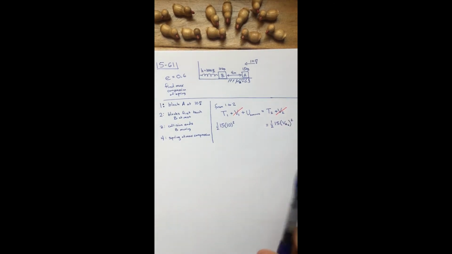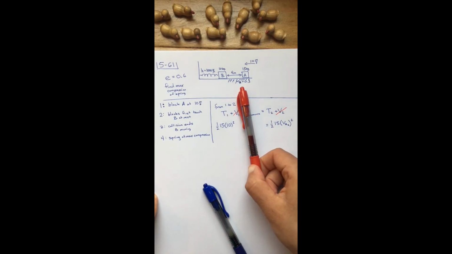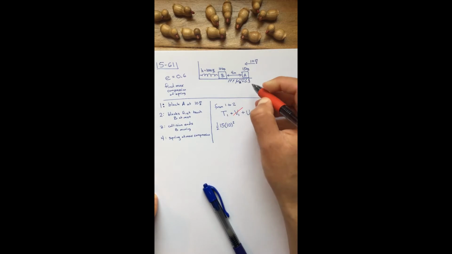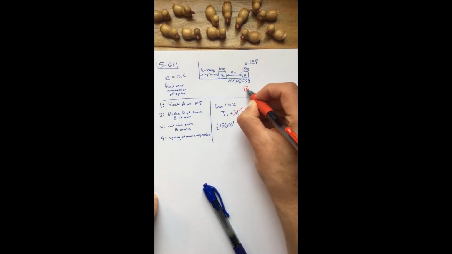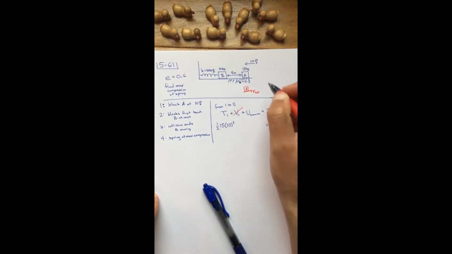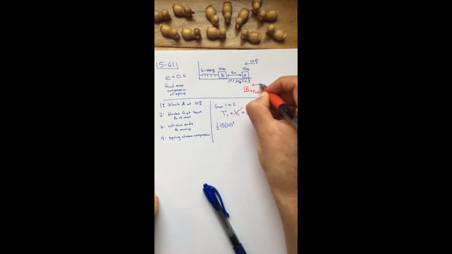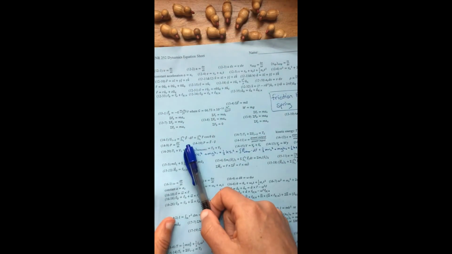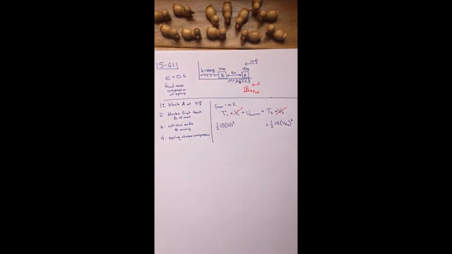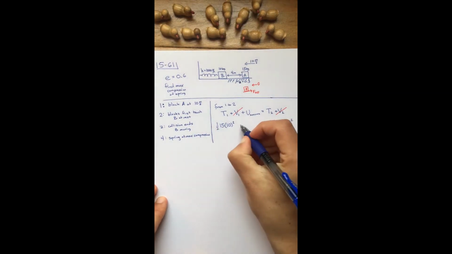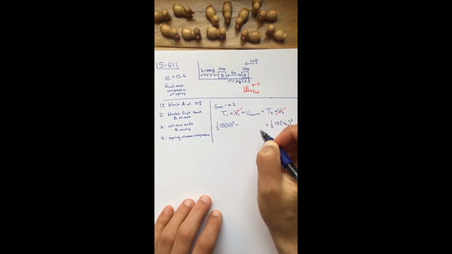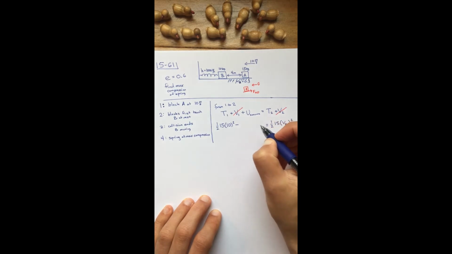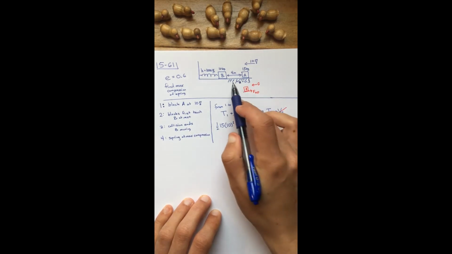I do have work done in this problem because I have a coefficient of kinetic friction, so I'm going to have on block A a force of kinetic friction acting to the right. The velocity is acting in the other direction, so for the work, I have the dot product, so I'm going to get something negative for the dot product. So this is minus Fk f times delta r.